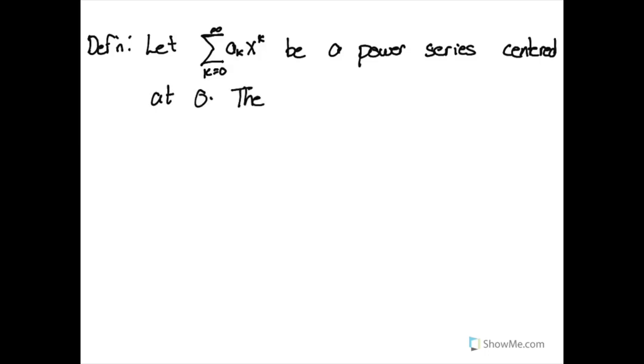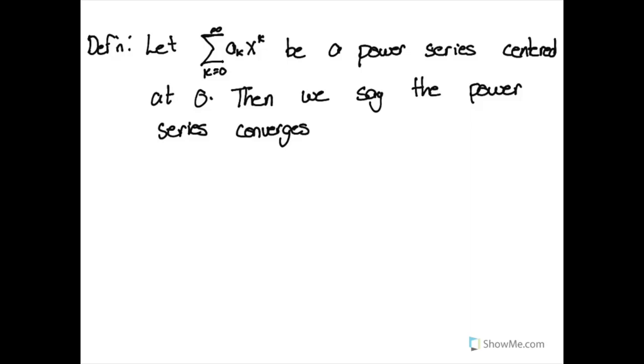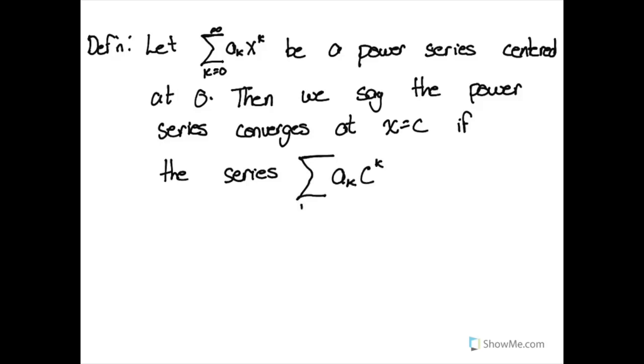Then we say that the power series converges at x equals c if the series the sum of a_k times c to the k from k equals 0 to infinity converges.